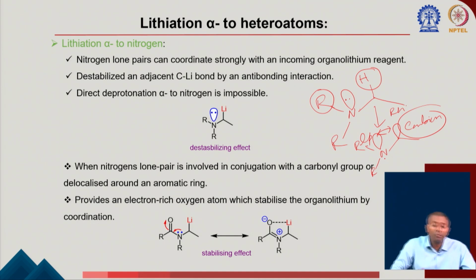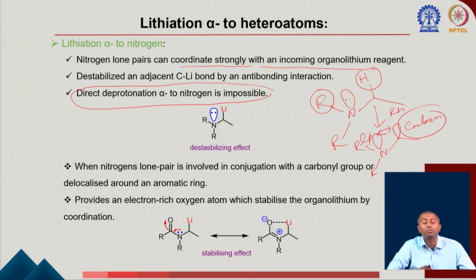That's why we are saying that the nitrogen lone pair can coordinate strongly with an incoming organolithium reagent. That is good, because nitrogen is Lewis basic and lithium is Lewis acidic, so it is going to coordinate with the nitrogen. But direct deprotonation will be impossible as long as you are not putting an electron withdrawing group.